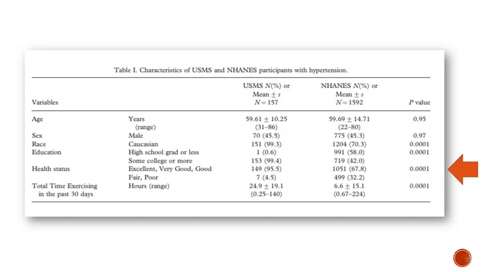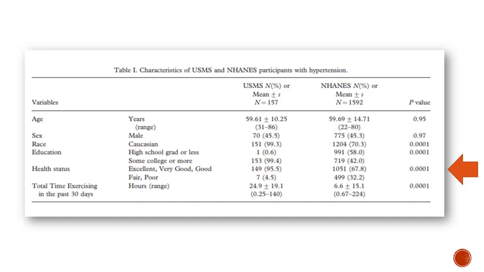Now, I think a key feature of epidemiologic studies is the tables, and this is a nice table here. And what's really interesting is this is just the characteristics or the demographics of individuals. And when you're making comparisons, one is apples and one is oranges. So you're looking at those differences there.